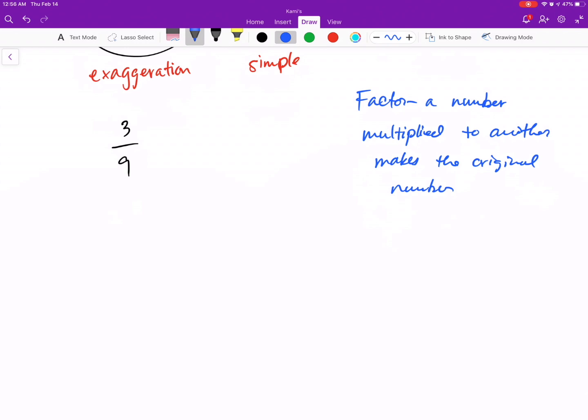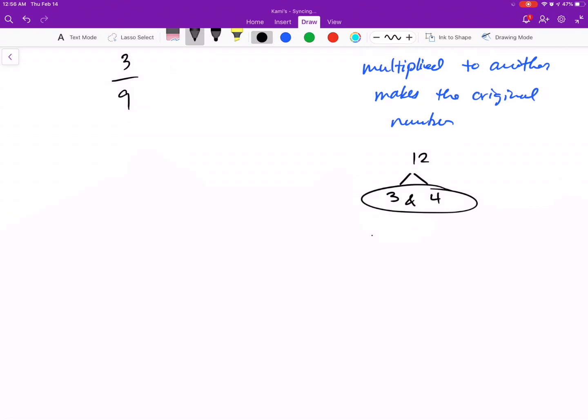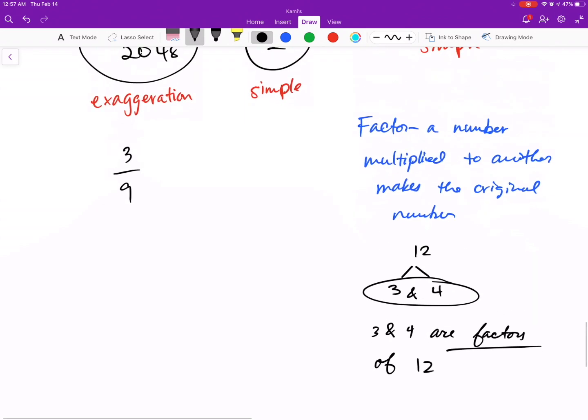But what does that mean? So 12 can be expressed by 3 times 4. So 3 and 4 are factors of 12. Okay.